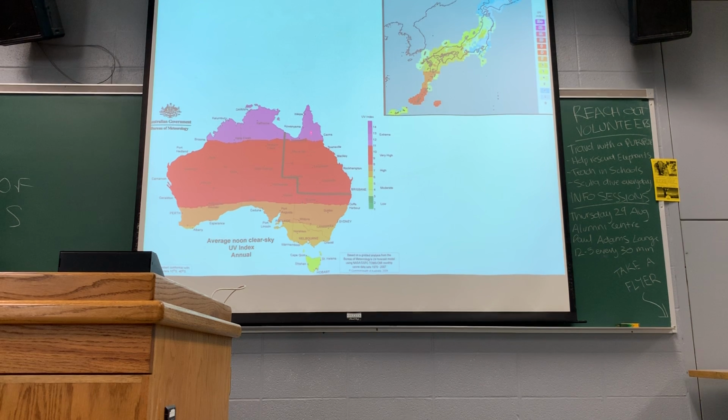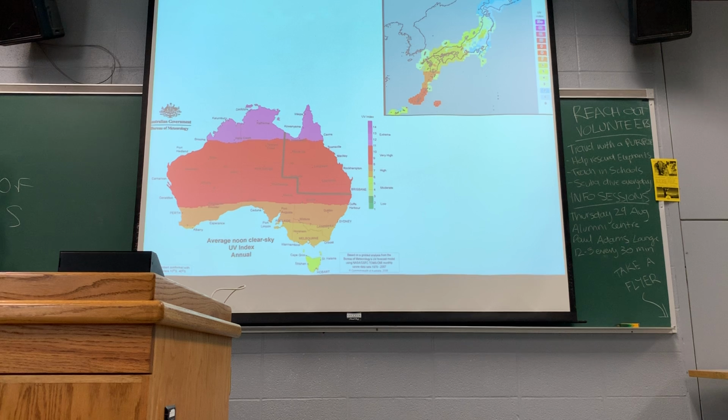And you can see that most of Queensland is really either extreme or very high. Well, all of it actually is either extreme or very high UV exposure. Versus Japan, which is shown up here, and a lot of it is really in this lower range of UV exposure. So they are exposed to more UV light.